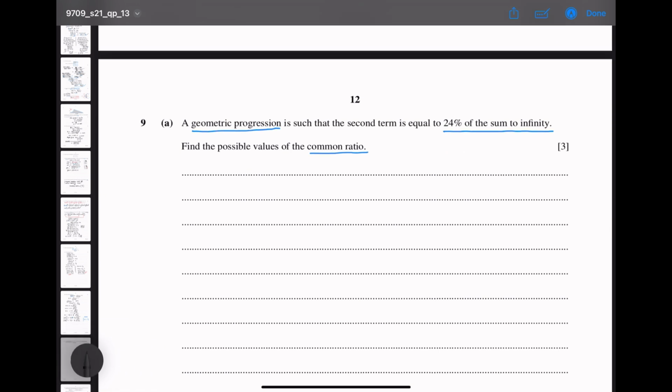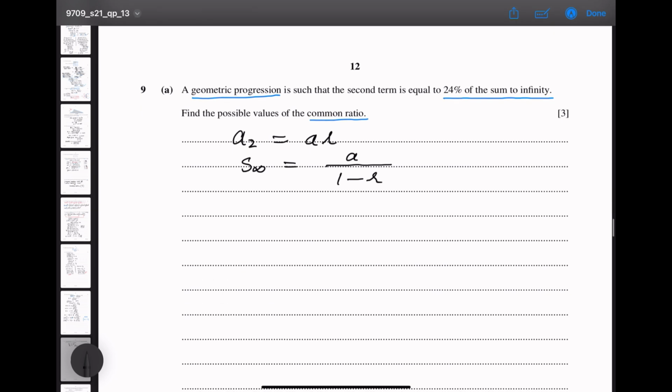The second term of the geometric progression, we will write A2. A2 means the second term of the geometric progression. A2 will be AR. This is the second term of the GP. The sum to infinity, the sum of infinite terms, will be equal to A over 1 minus R. Now it is given in the question that the second term is equal to 24% of the sum to infinity.